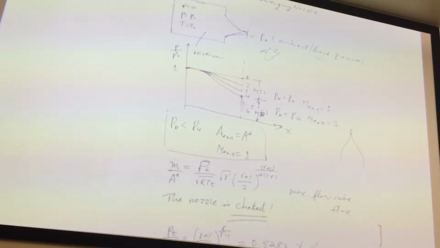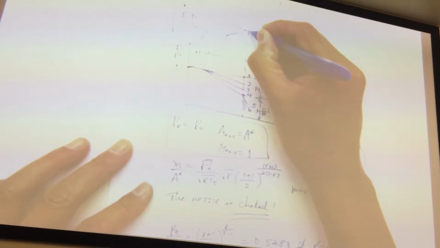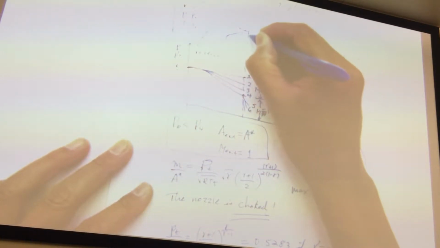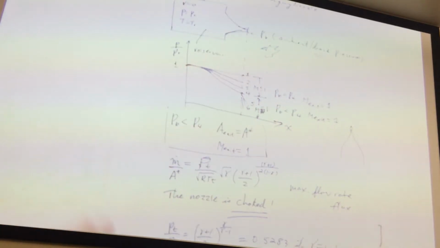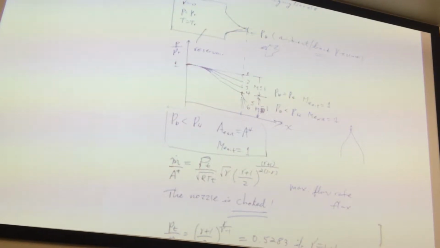Because you can imagine that this is really the convergent nozzle flow. You can imagine that actually the exit is really an imaginary flow. Right? Because this is the location where your dA is equal to 0 and Mach number will be equal to 1 if the pressure ratio is large enough.